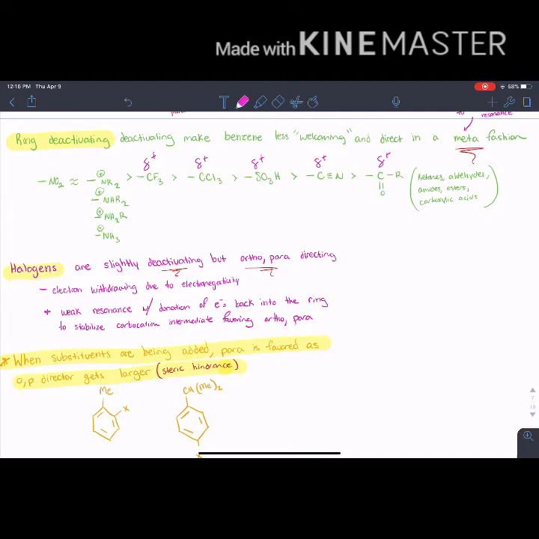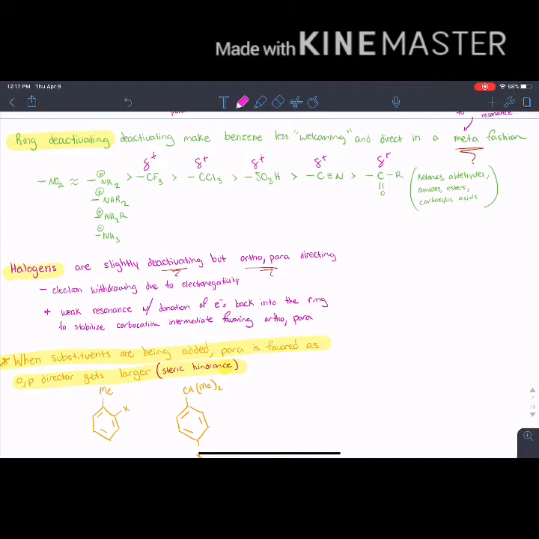substituents. So halogens are also slightly deactivating, but ortho-para directing. So this is kind of counterintuitive to what we just talked about. They're deactivating because of their electronegativity, right? They're electron withdrawing. So they're going to be pulling electrons away from the resonance structures, but they do contribute their lone pairs back into the ring.